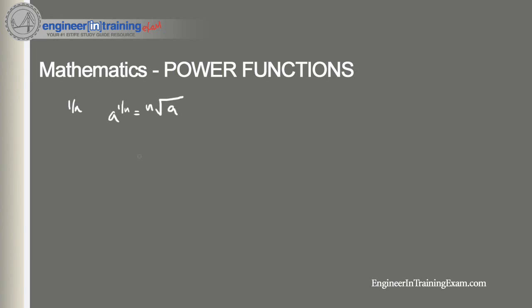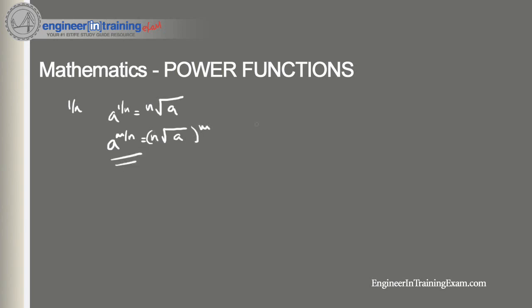But the fraction doesn't have to be 1 over some variable. It can be anything such as 2/3 or 5/6. So let's generalize this by saying that if we are given a raised to the m over n, then that function can be rewritten as the nth root of a raised to the m. So that's going to be our general equation.